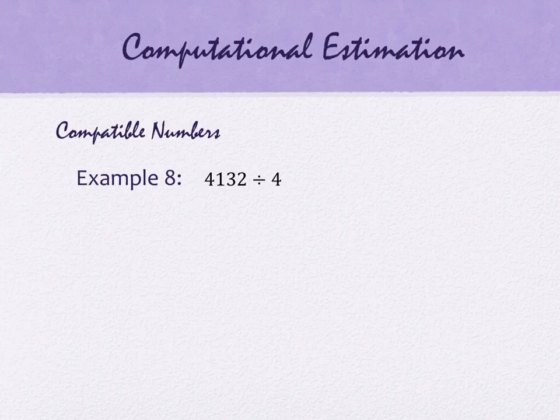What computational estimation does with compatible numbers here is it says, okay, I understand you've got 4,132, but what's a close number to that that will divide by 4 evenly and nicely and quickly and in your head? Yeah, 4,000, right? 4,132 is not that far off from 4,000. So we do an approximation. We say this is approximately the same as 4,000 divided by 4. And what's 4,000 divided by 4? 1,000.